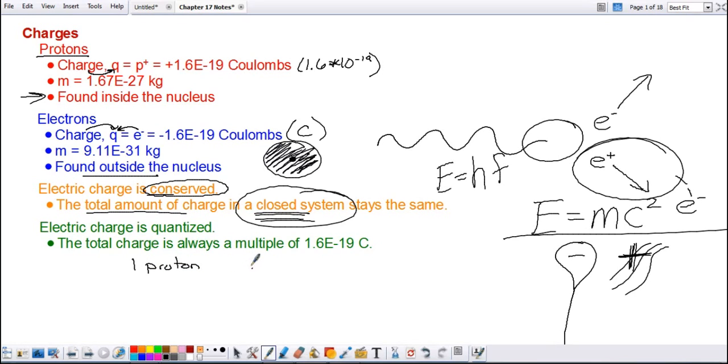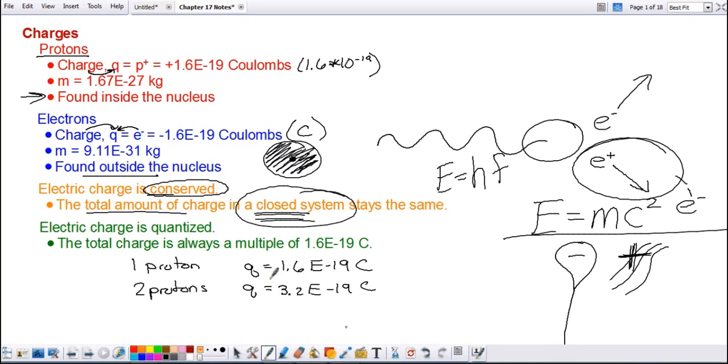Well, the charge is going to be 1.6 times 10 to the negative 19th coulombs, okay? Now, the next thing we do is we have two protons, okay? So now our charge has doubled, and it is 3.2 times 10 to the negative 19th coulombs.